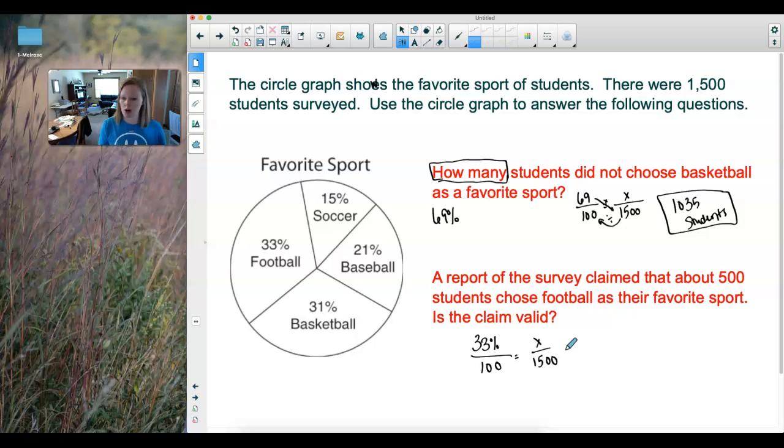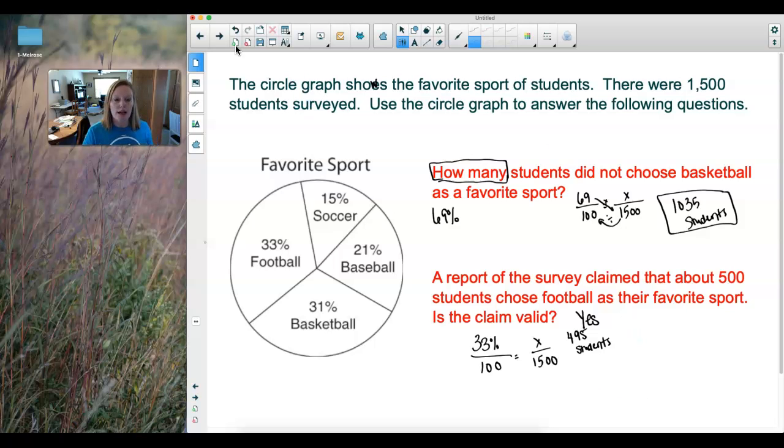And we get 495 students. So about 500 students chose football. I would say yes, that claim is valid because 495 students chose football as their favorite sport.